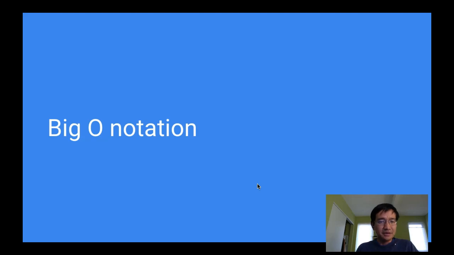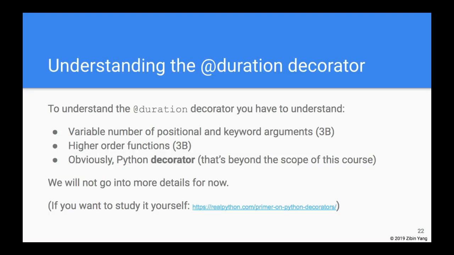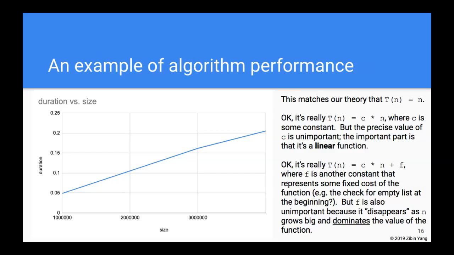Hi, in this video, we're going to talk about the big O notation. This is a very important topic as far as algorithm performance goes. As the previous example shows, it's actually not important to know what T(n) is precisely, right?